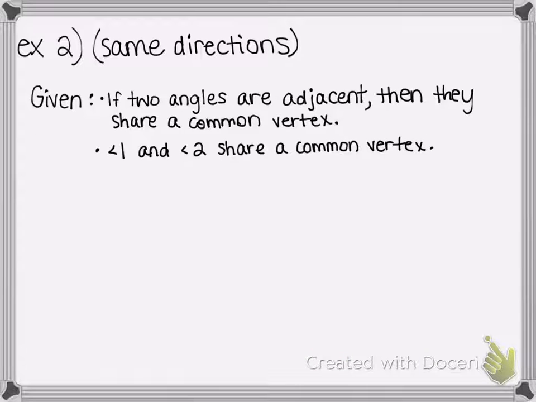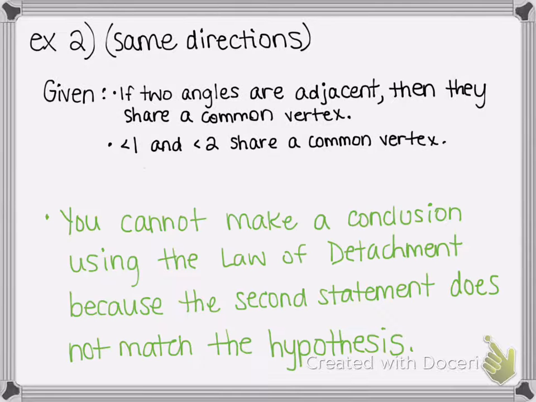So let's try example 2. Go ahead and try this one on your own and then see if you get it right. Your two statements are: if two angles are adjacent, then they share a common vertex. Angle 1 and angle 2 share a common vertex. With this, you need to make sure that two angles are adjacent matches angle 1 and 2 share a common vertex.